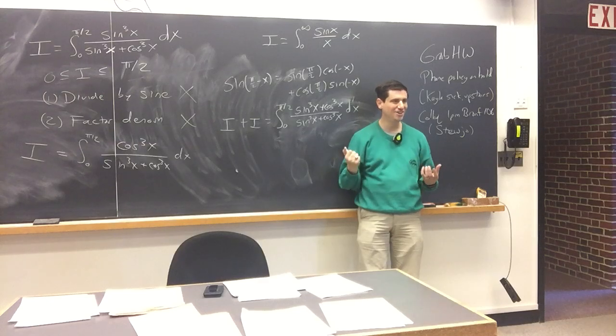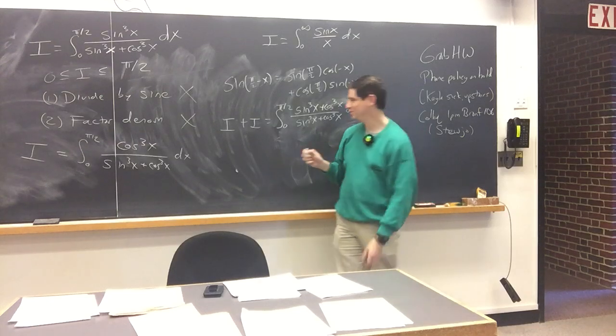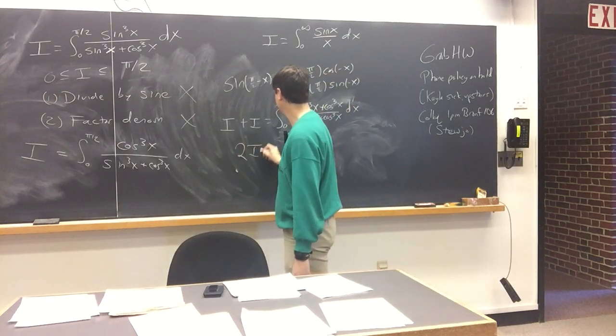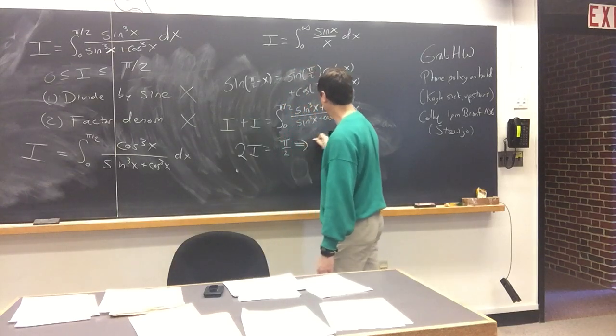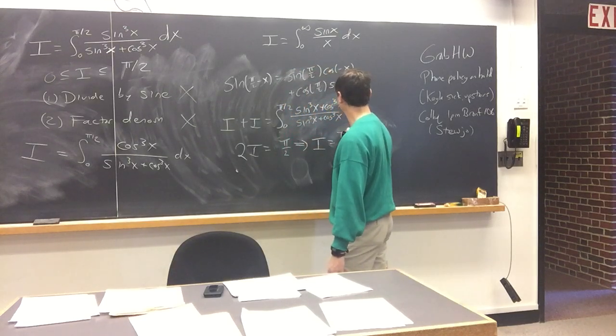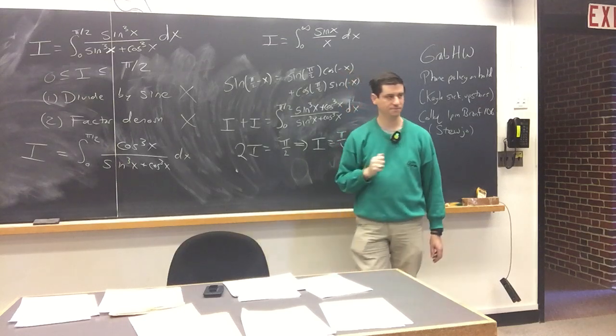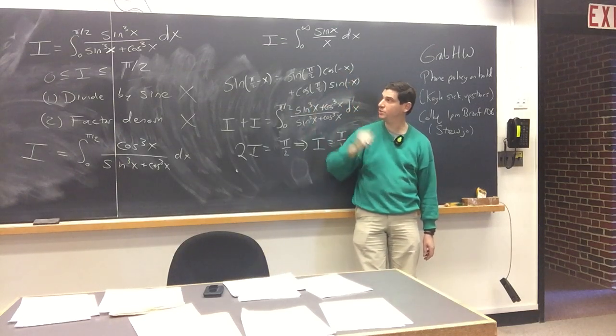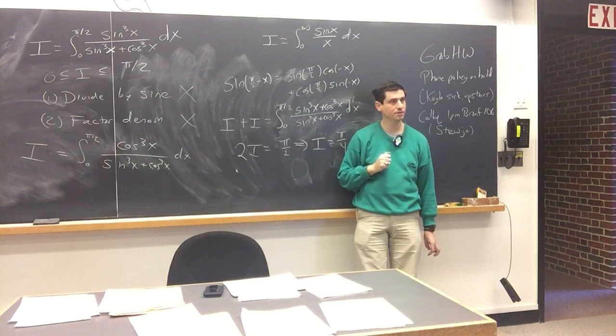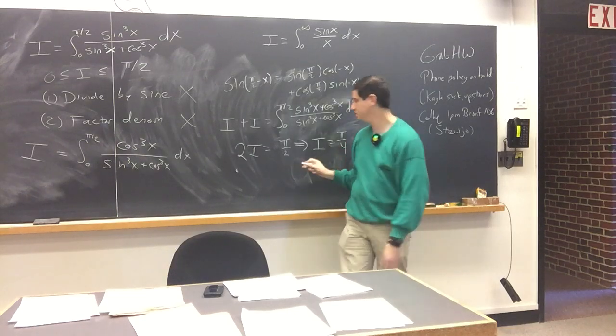I'm integrating 1 from 0 to pi halves. So you get twice I is equal to pi halves. Therefore, I is equal to pi fourths. And this is a reasonable number. It's at least between 0 and pi halves. So the idea here was to recognize a symmetry.